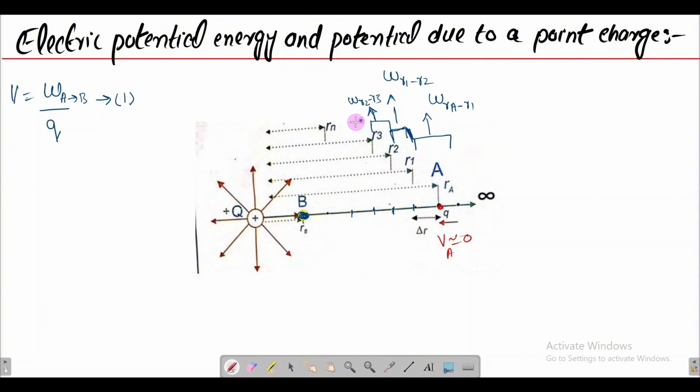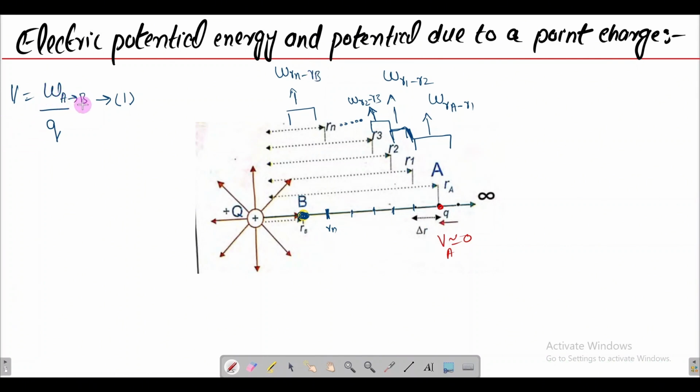And in this way, we take a large number of steps, and then we will reach Rn. Rn is the second last step toward Rb. So the work done for this last step is given by the work done from Rn to Rb.